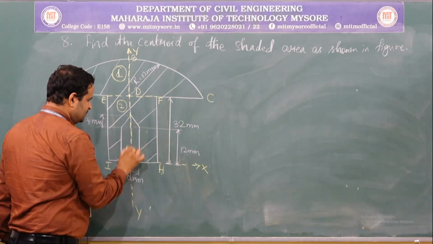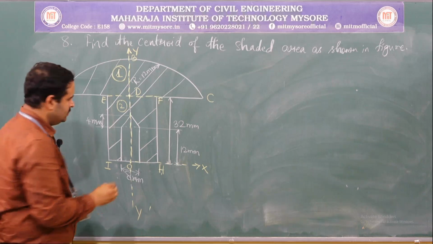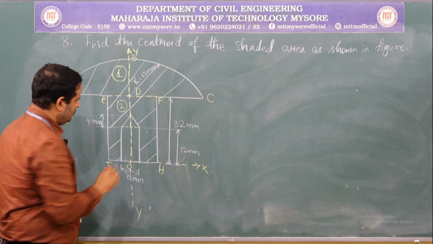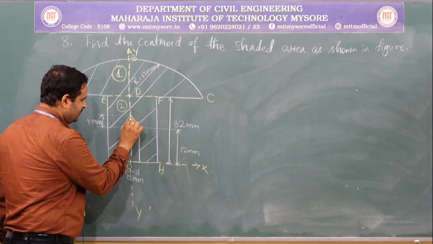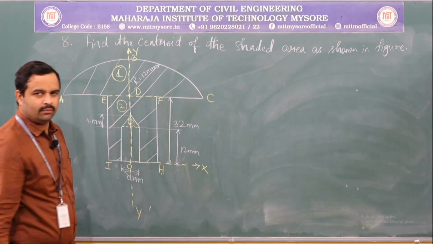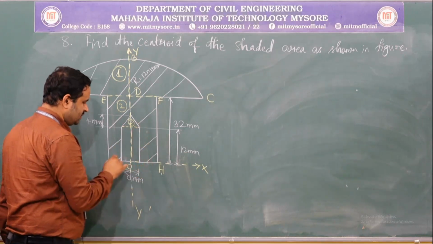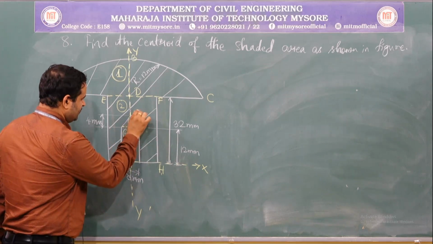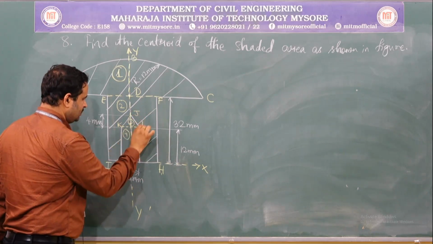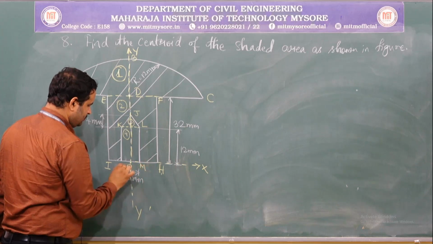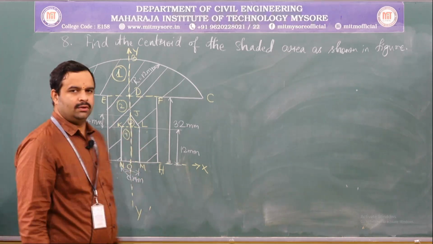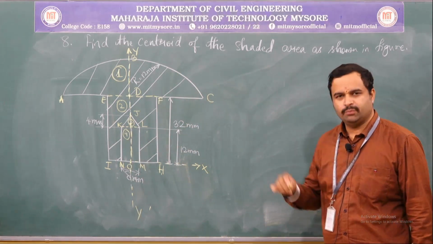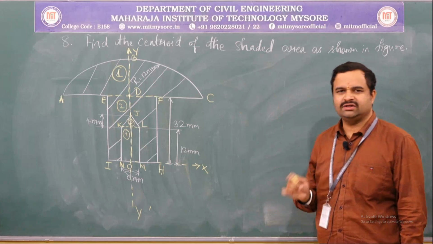Now, coming to this region, we have two more parts. If I divide this by drawing a line, this portion will be a triangle, component 3, and this portion, a rectangle, will be component 4. Let me name J, K, L, M and N. This is again for your convenience; you can proceed without naming all these things.